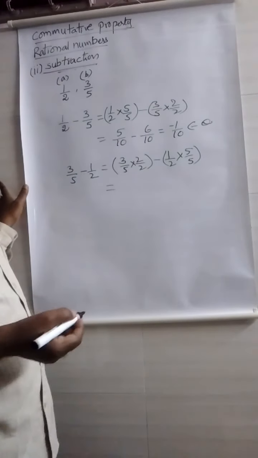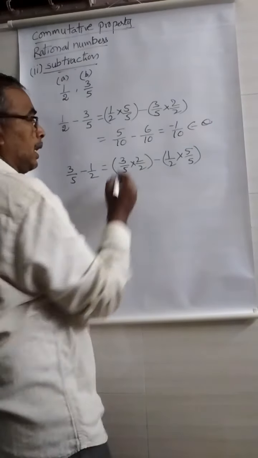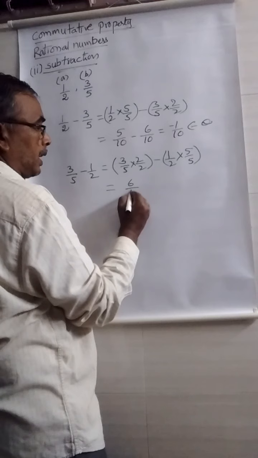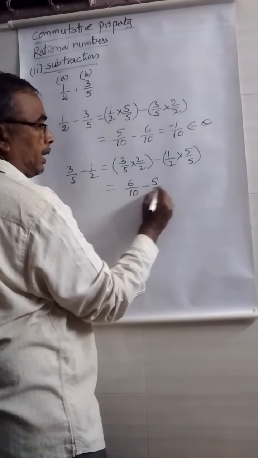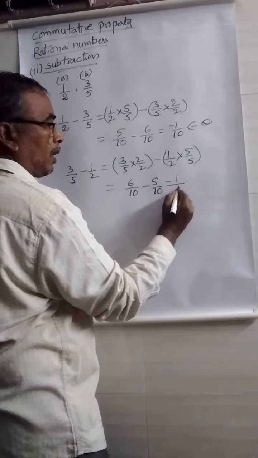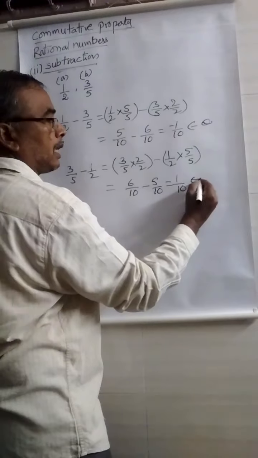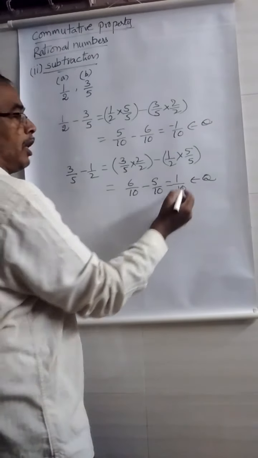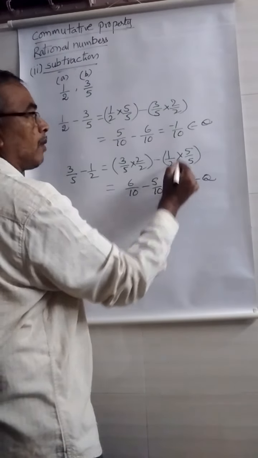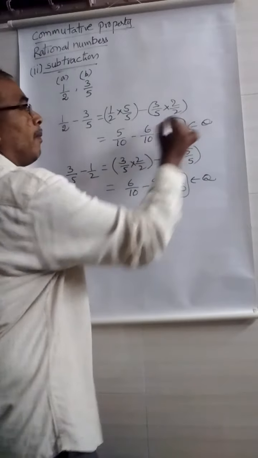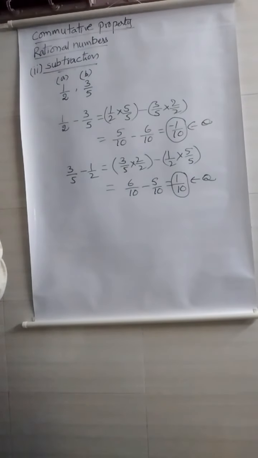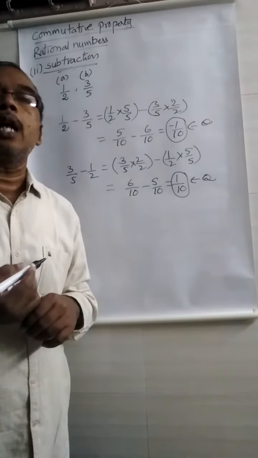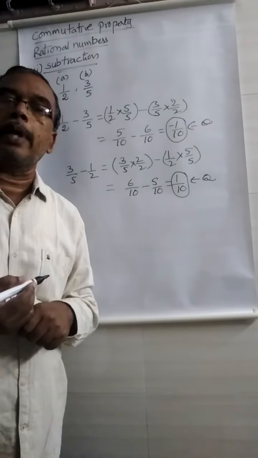Like fractions, to convert the given into like fractions. 3 2s are 6, 5 2s are 10, minus 5 by 10. Now what do you get? 1 by 10. This is also a rational number. But you check here, this is 1 by 10. This is minus 1 by 10. Both are same? Not same. Hence, it is not commutative under subtraction.